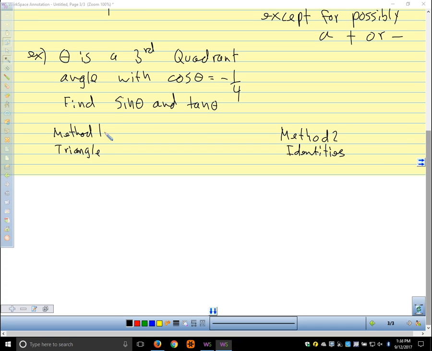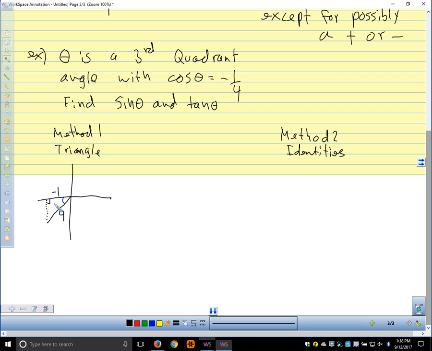Well, the nice thing about this problem, using a triangle, is we can draw a picture. Here is a third quadrant angle. And I'm going to draw my little triangle there. I'm thinking about this reference angle. With cosine of theta equals -1/4, that tells me that this side is -1 and this side is 4.